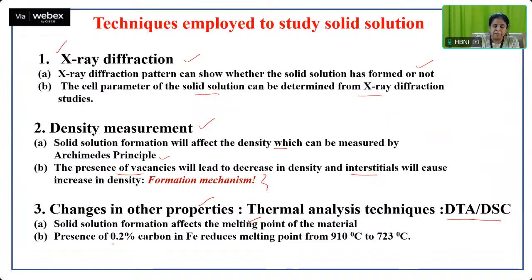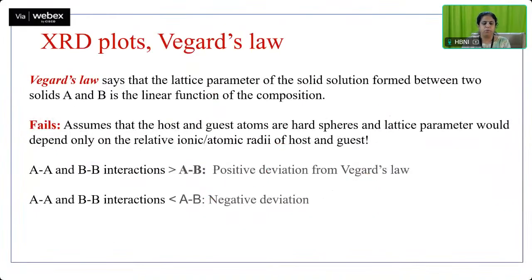For example, the presence of as small as 0.2 atom percent carbon in iron can reduce the melting point by more than 150 degrees, that is, it goes down from 910 to 723 degrees. So your thermal techniques can also be employed to study the solid solutions.